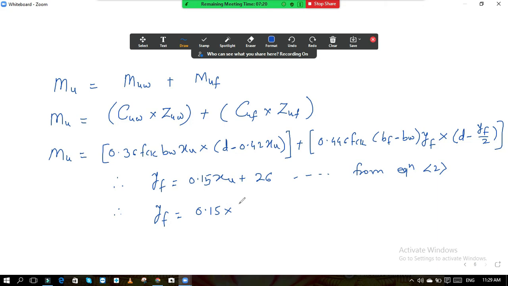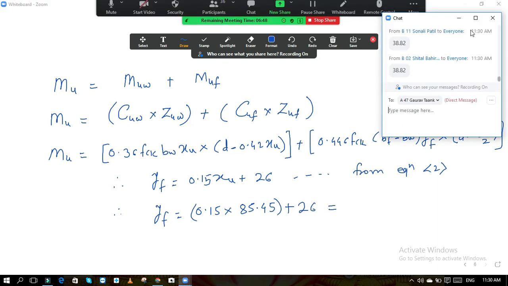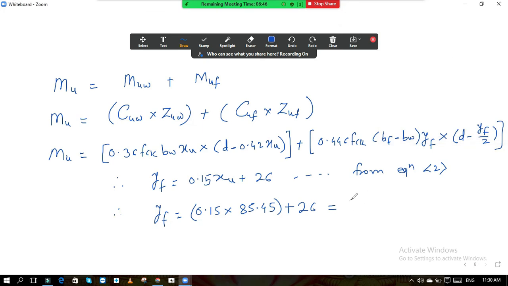What is the value of xu? Xu we have calculated as 85.45 something, plus 26. So what is the value? 38.82. Okay, so it is 38.82 mm. We just have to put that value over there.